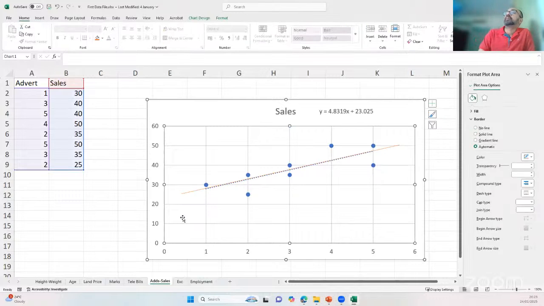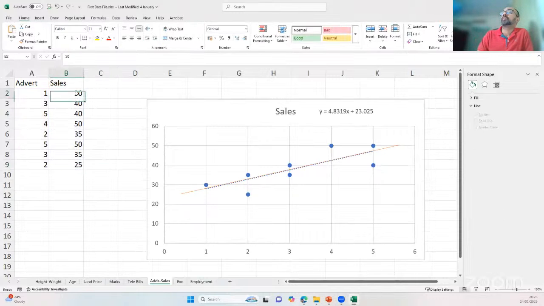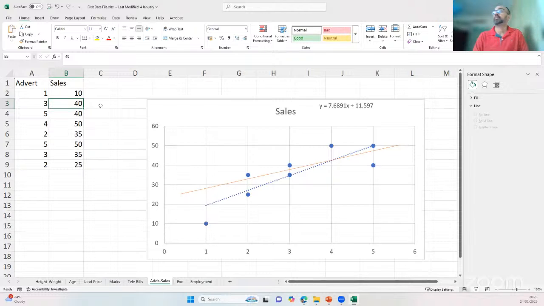Okay, so we'll change the value here, value there to 10. See what happens to the trend. Got it? It changed quite significantly from the original line because of change in one data point.